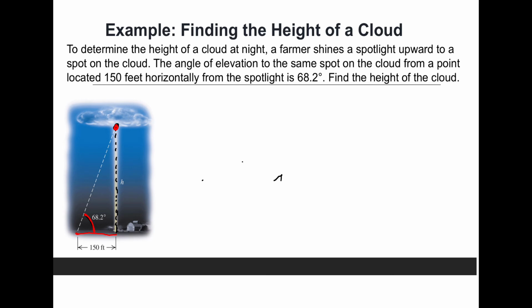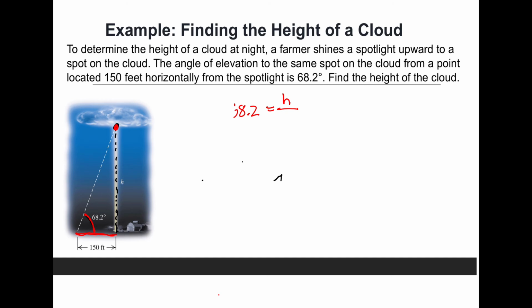For example, we know the angle, we know h. So this is a perfect cosine situation. The cosine of 68.2 is going to be equal to the height, the opposite. Oh, sorry, I meant to do not cosine, but tangent. Because I want height, and I know the adjacent.